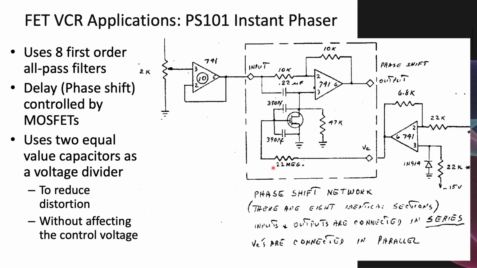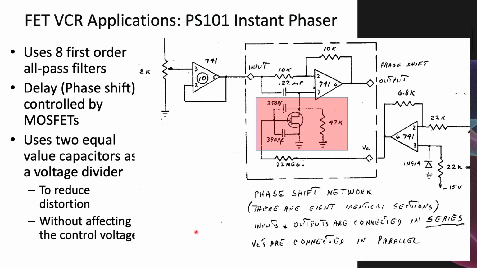There are actually 8 of these sections cascaded to get enough phase shift to have a decent effect and sweep range. Because they've used capacitors, they don't have to worry about having twice the control voltage because the capacitors block the DC. But that's another application of using a field effect transistor as a voltage controlled filter.